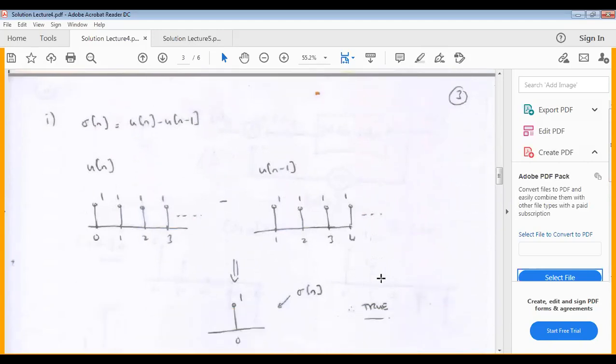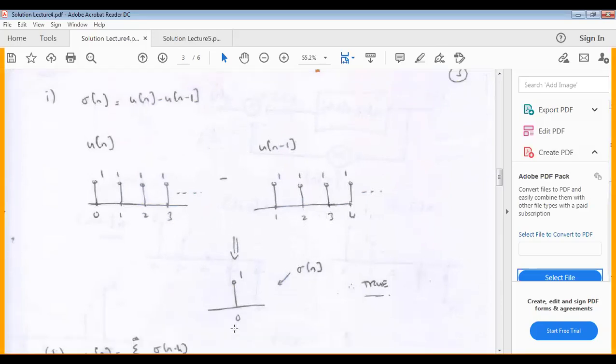When we have a subtraction between the two, it shows that for all values of n, starting from n equals 1 up to infinity, the value will be 0 because of this subtraction. We are left with only a single amplitude at n equals 0, because at n equals 0, the subtraction does not have any effect.